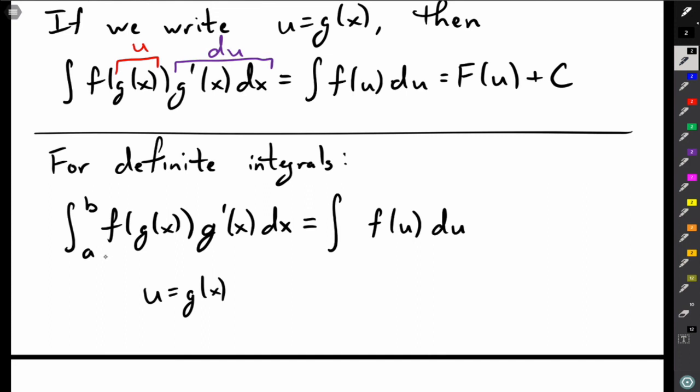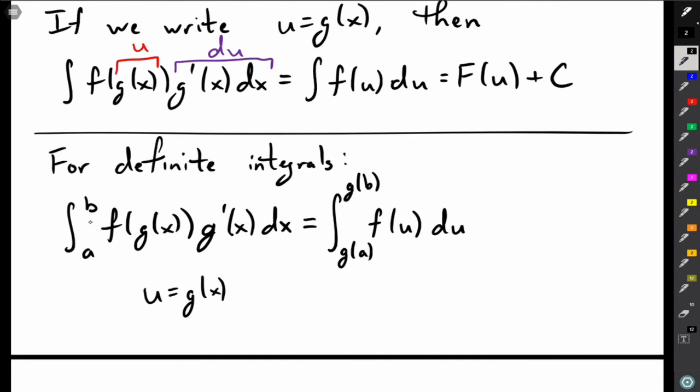So here, when we're swapping g of x for u, we have to say, well, what is the output of g of x going to be? So we take this a, we plug it into g. So this bottom bound is g of a, and this top bound is g of b. So when we do it for definite integrals, not only are we switching the variable here from x to u, we're also changing the bounds.